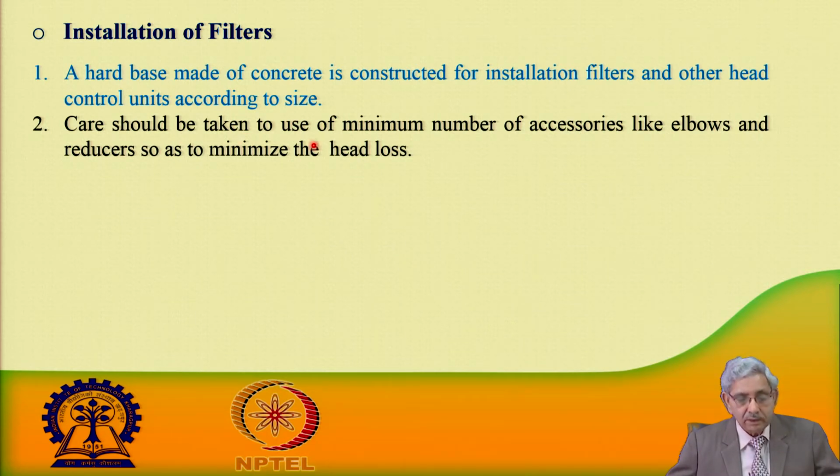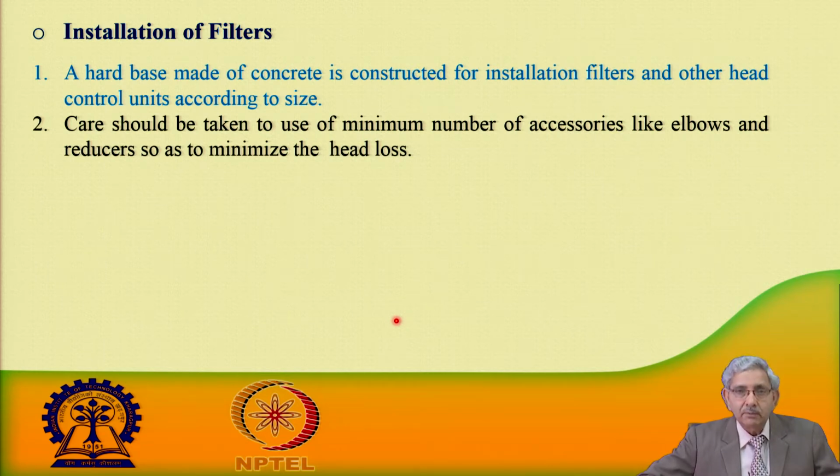One should take care that there should be minimum use of accessories such as elbows and reducers, so as to minimize the head loss. This is an important part, that as far as possible minimum connectors should be made in the pipeline.